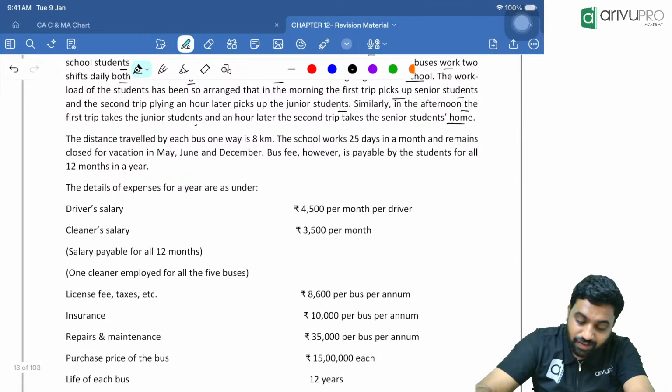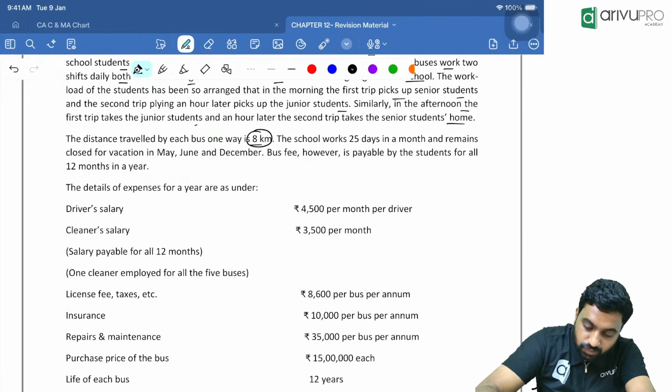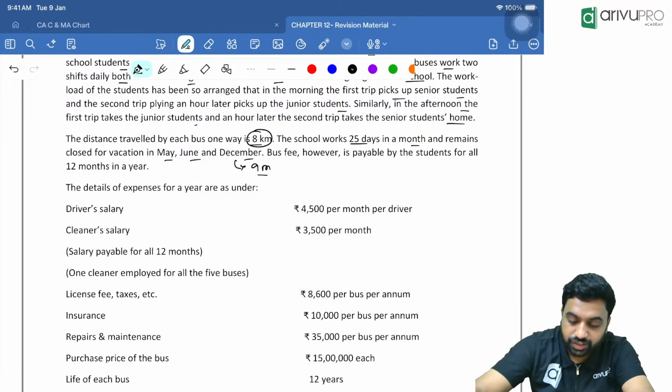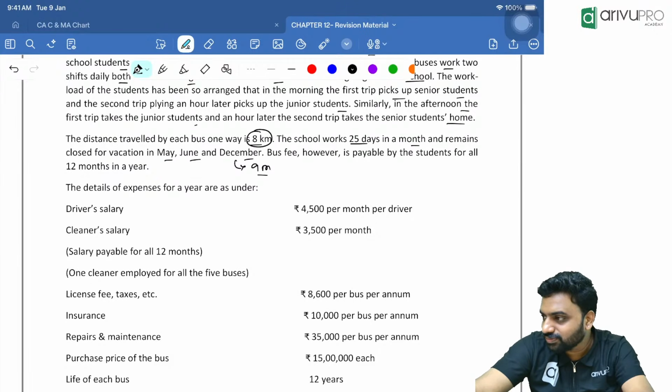The distance traveled by each bus one way is 8 kilometers. The school works 25 days in a month and remains closed for vacation in May, June, December. That means it works only for 9 months. Bus fee, however, is payable by students for all the 12 months. This means I am going to calculate fees for 12 months also.